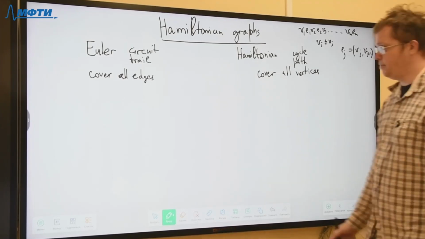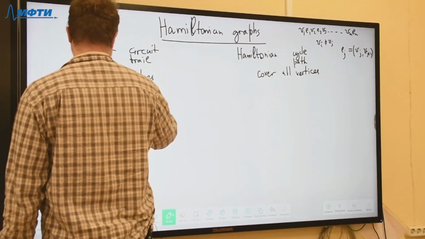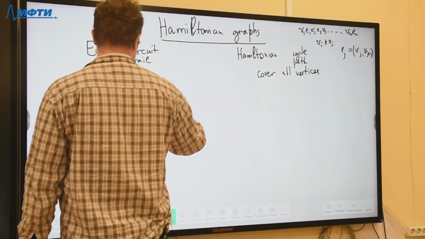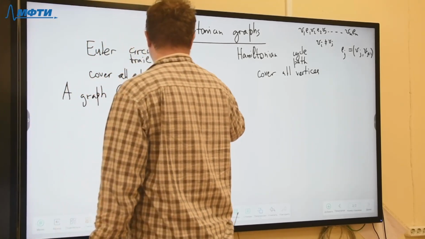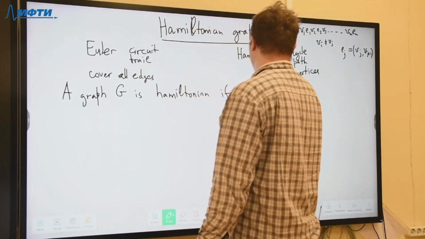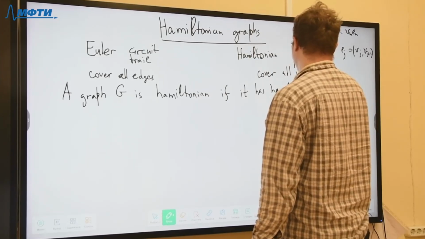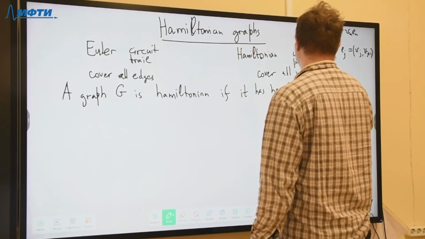So a graph G is Hamiltonian if it has a Hamiltonian cycle.